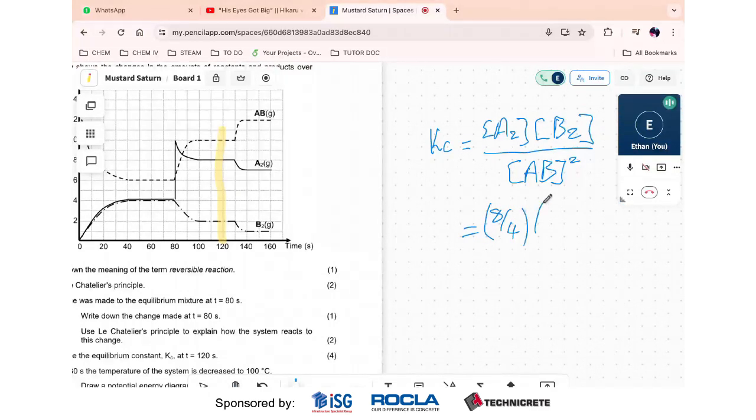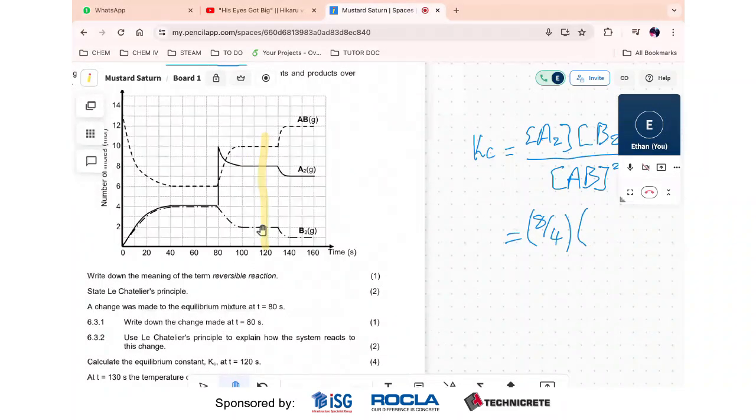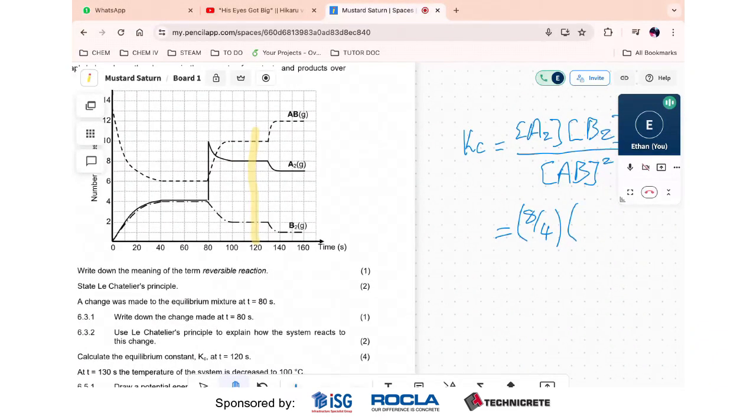So that's for A. For B, we know that B was at 2. So it's 2 over 4. And then we know for AB was at 10, as we can see here. So it's 10 over 4. And of course, this is squared.